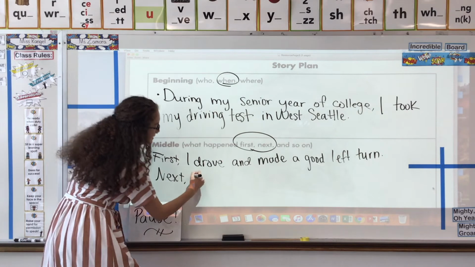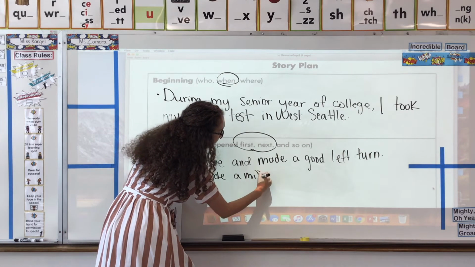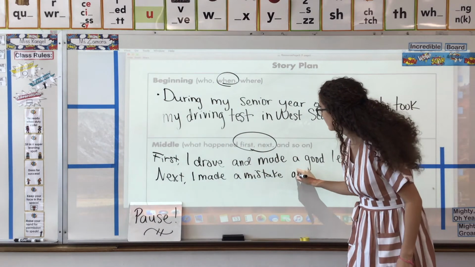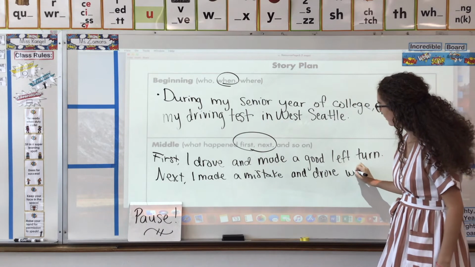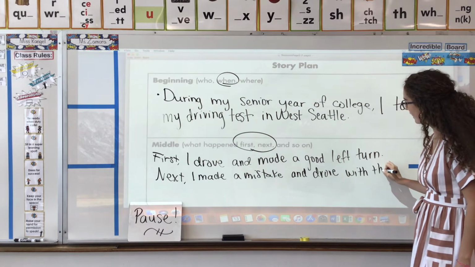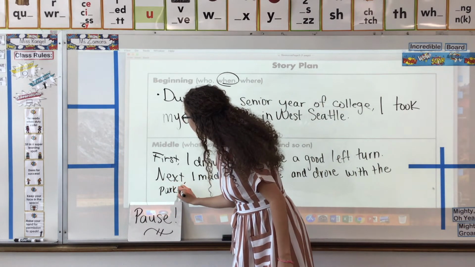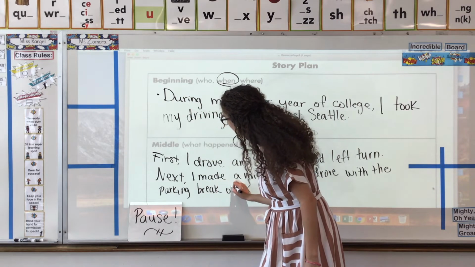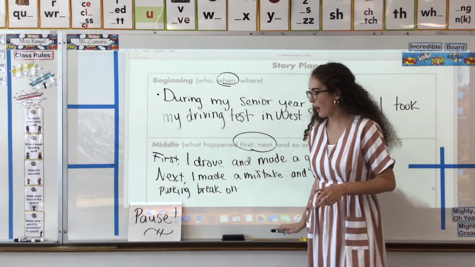So next, I made a mistake and drove with the, ooh, it's a long sentence, with the parking brake on. Okay, let's read that next part I wrote.